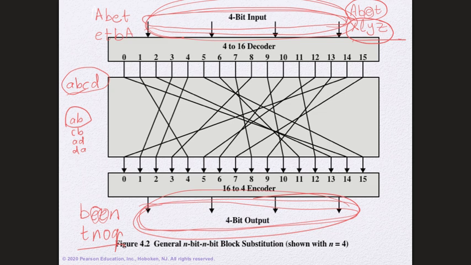Okay. How many possible values here? 2 to the power 4, زي ما انت قلتي. صح؟ Okay. Now I need to map them to how many possible values on the other side? 2 to the power 4, which means what? The first one of those is gonna pick one of the 2 to the power 4, right? So the first one has a possibility of 2 to the power 4.